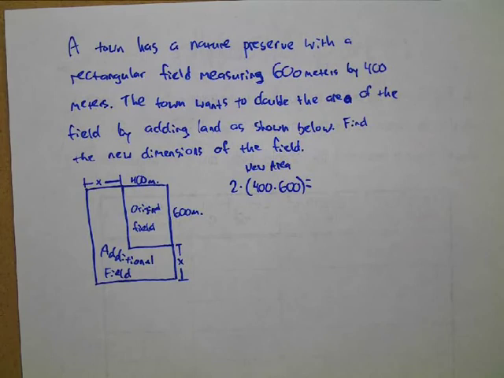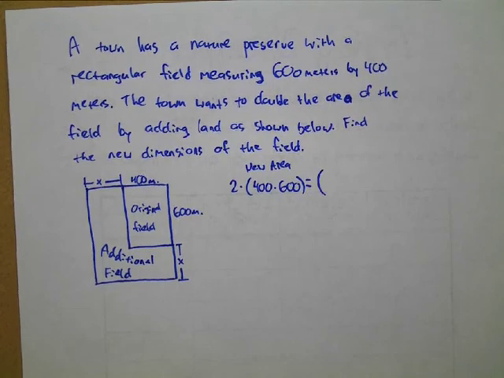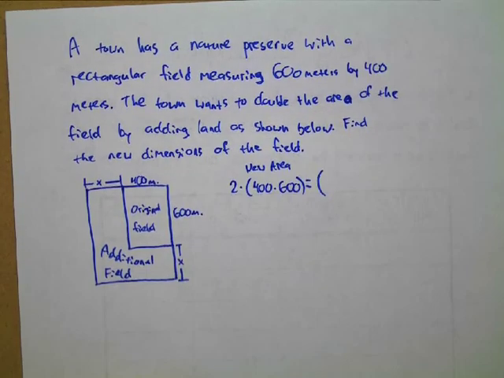What are the new dimensions for this field going to be? The original field was 400 by 600. Instead of 400, what will be the new width of that field?